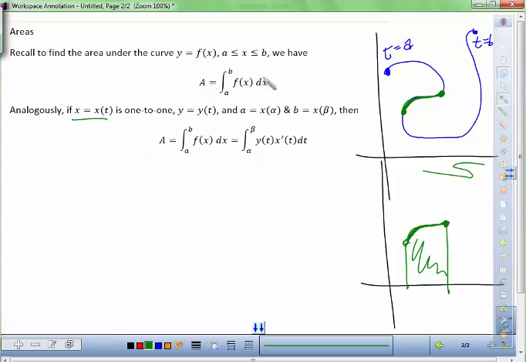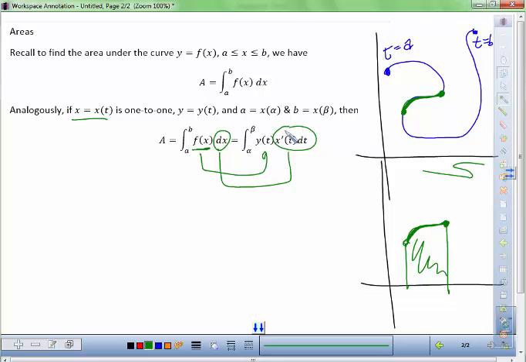So in any case, because now we can consider this as y as a function of x, your f of x will be like your y, and then your dx is going to be like your x prime of t. And then you tack on that extra differential and make sure you can integrate it.